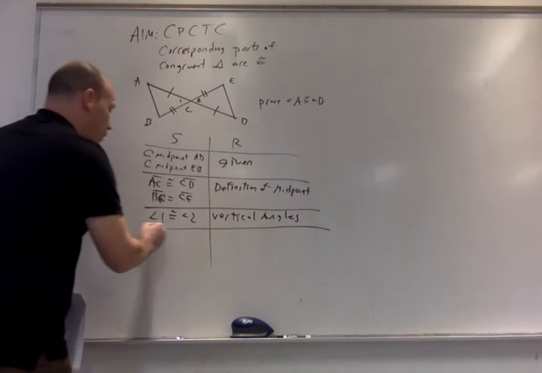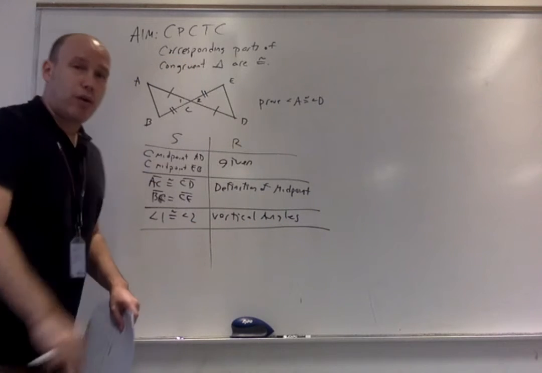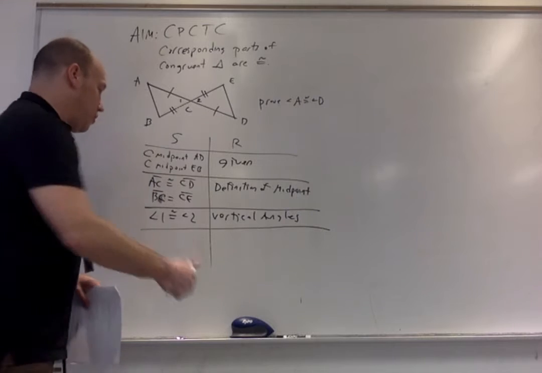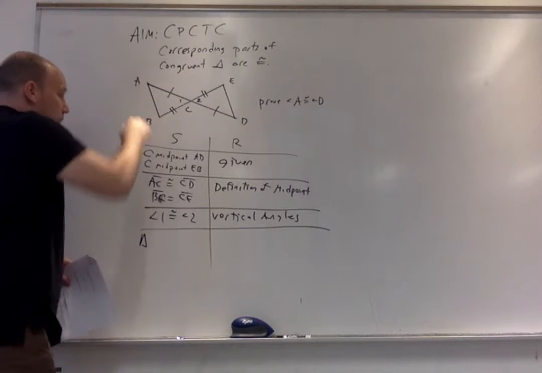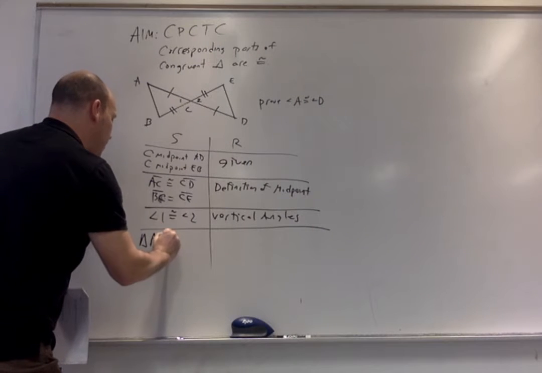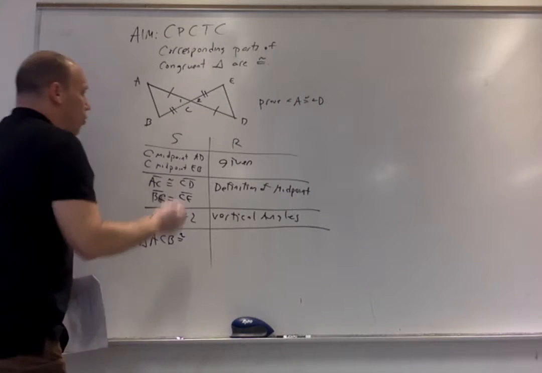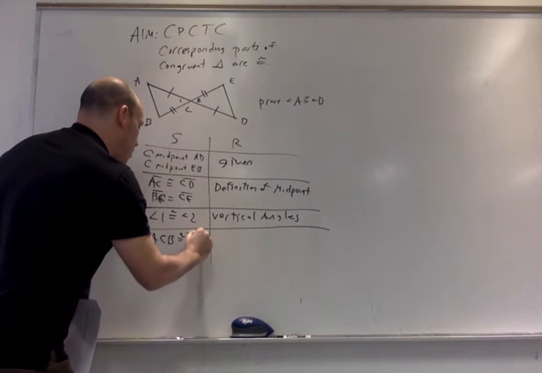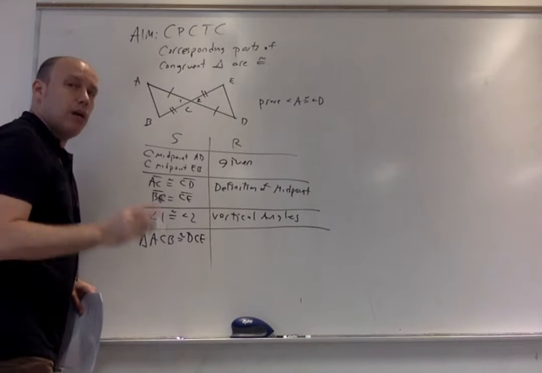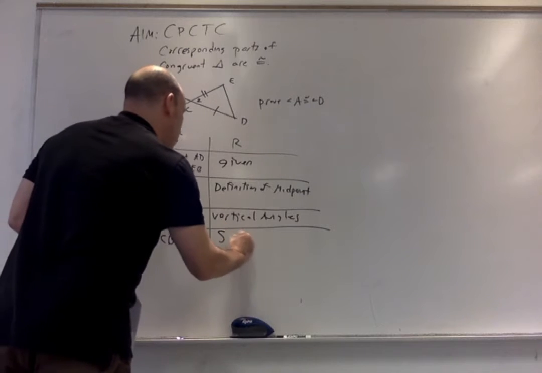Okay, do I have enough to say that those 2 triangles are congruent? Yes. Make sure to match it up. Triangle ACB is congruent to what? DCE. Why? Good. Side angle side.